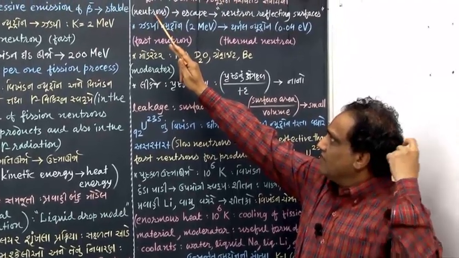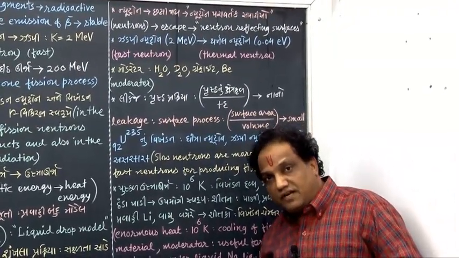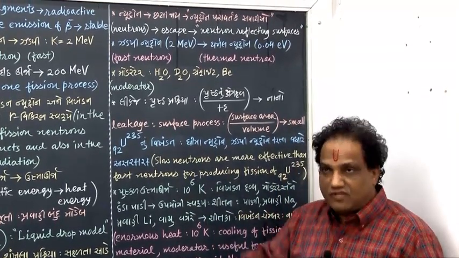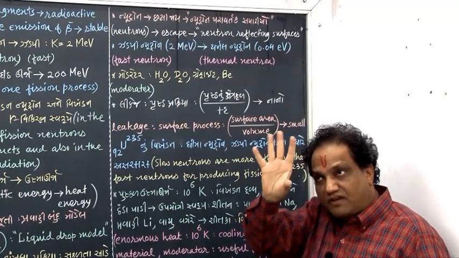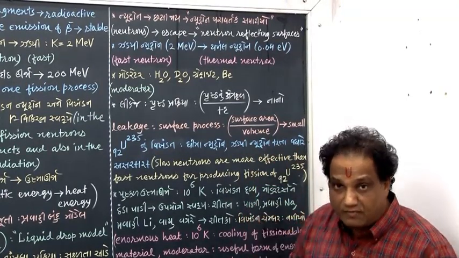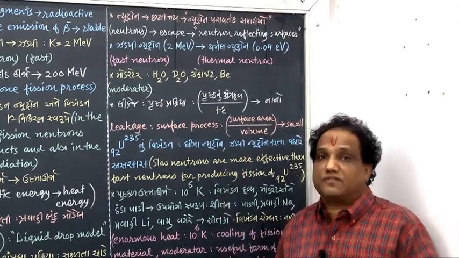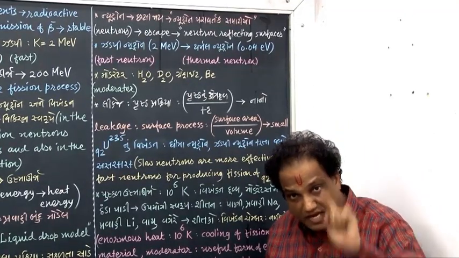First problem is this: neutrons have a tendency to escape out of the fissionable material. Fissionable material means uranium. If neutrons are escaping out of the fissionable material, then they cannot produce further fissions, correct? So we want them to be incident once again.